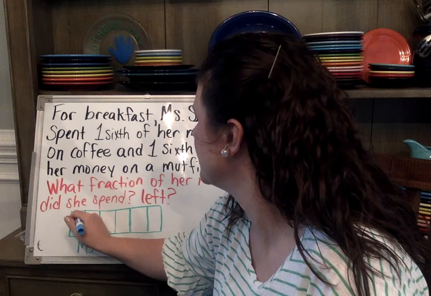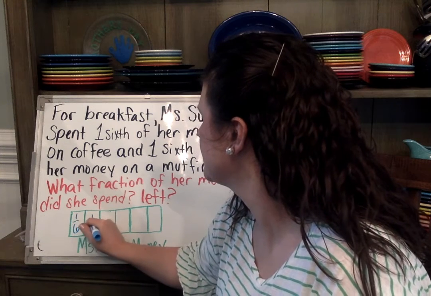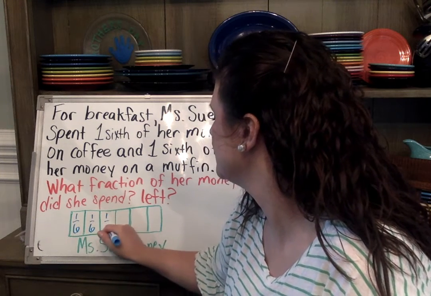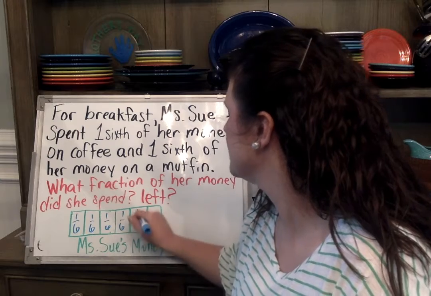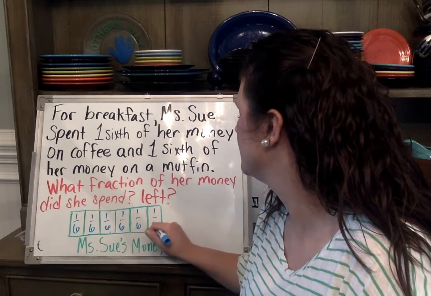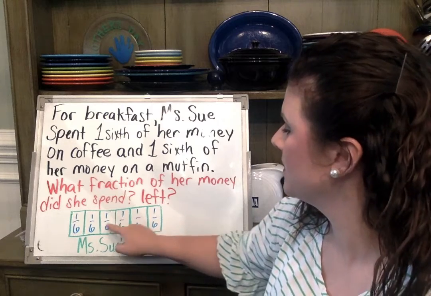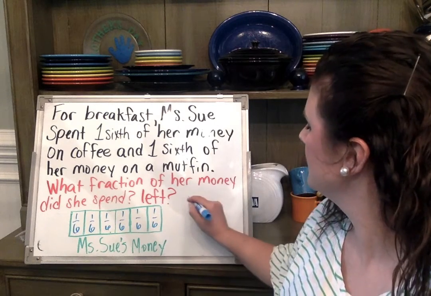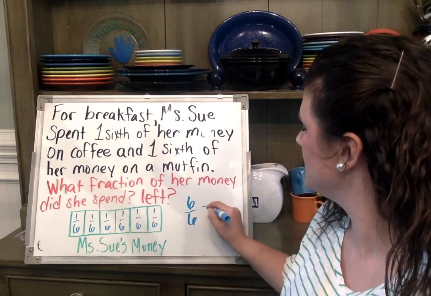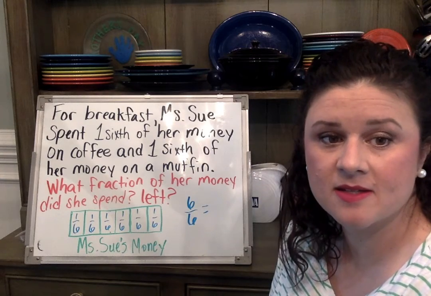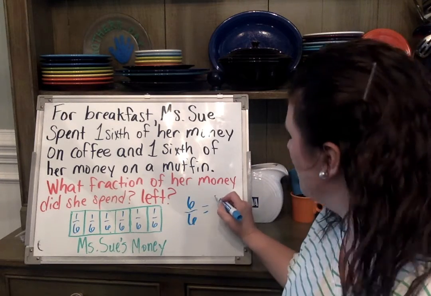So I'm going to label each of those. 1/6, 1/6, 1/6, 1/6, 1/6, 1/6. So now I have 1, 2, 3, 4, 5, 6, 6/6, which is the same as 1 whole.